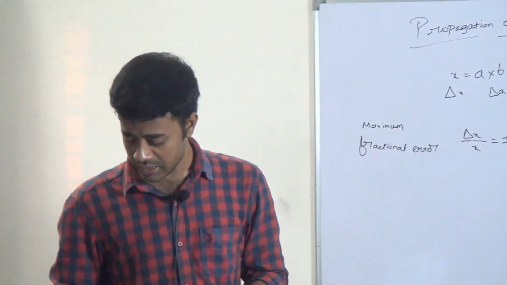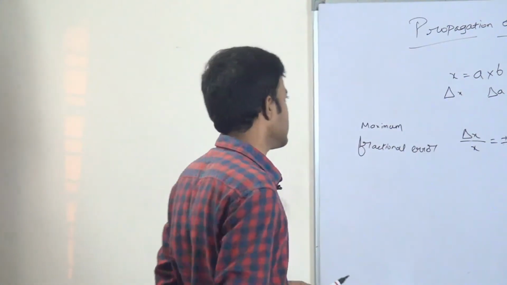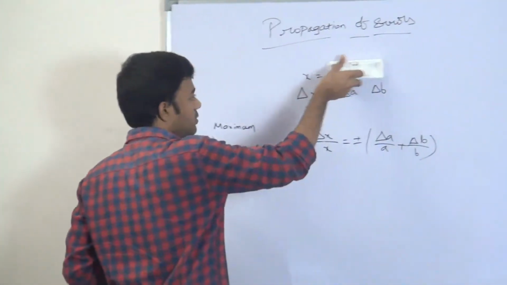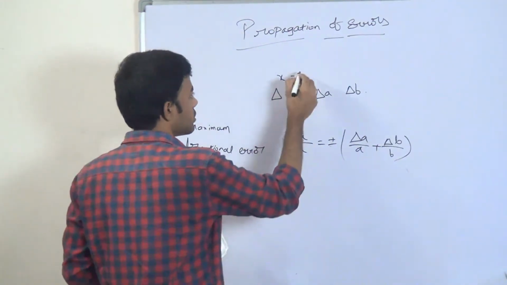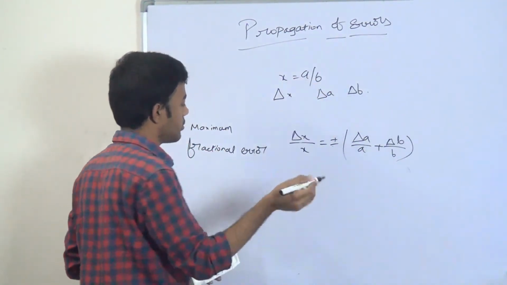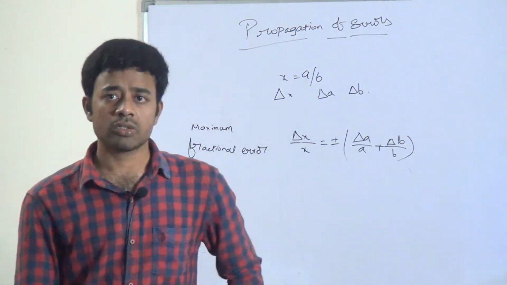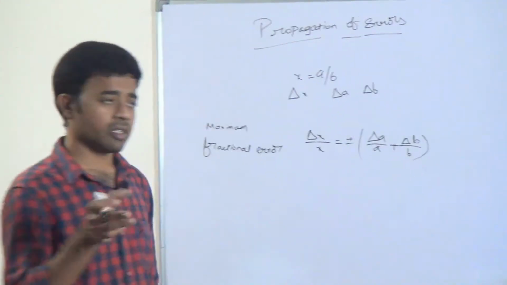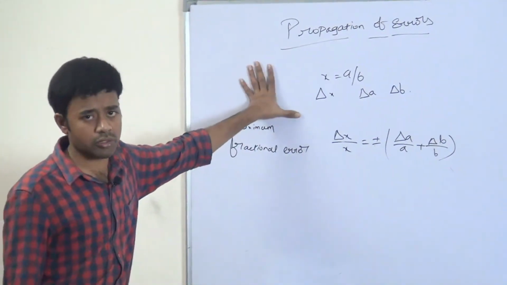This same process is also used even if there is division. If x equals A by B, we use the same process to find the maximum fractional error. So if it is multiplication or division, we use the same process to find the error.